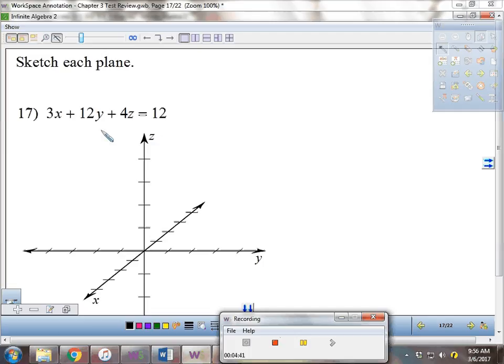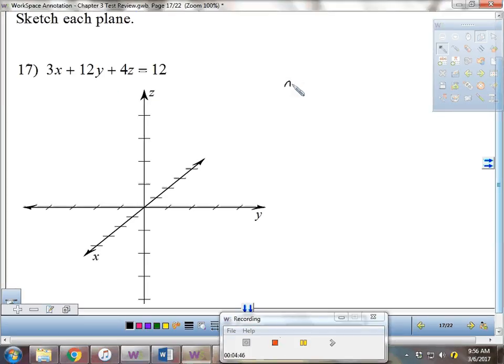All right, so the same process goes when you are sketching the plane. You want to find all the intercepts, and then you just draw that in and color it in. So for the x-intercept, I've got 3x equals 12. So that means if I divide by 3, x is 4. So let's go ahead and put a dot at 4 on the x-axis.